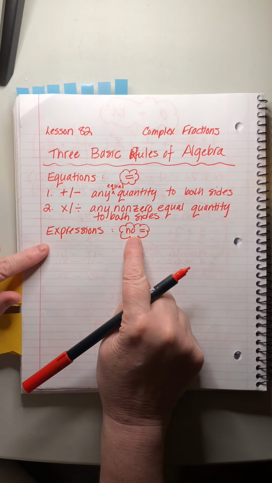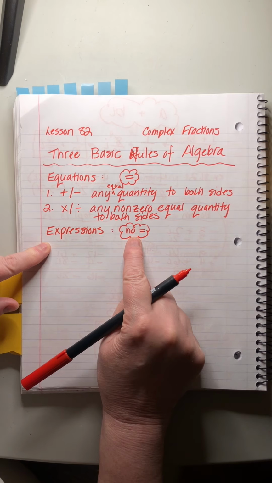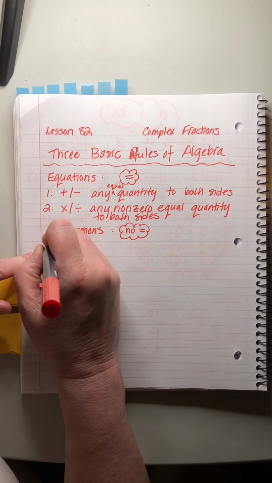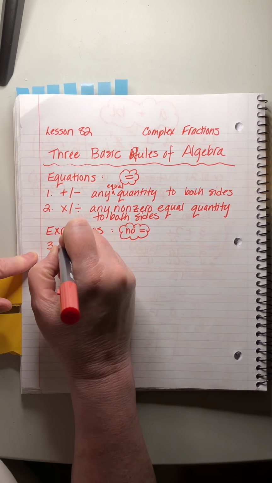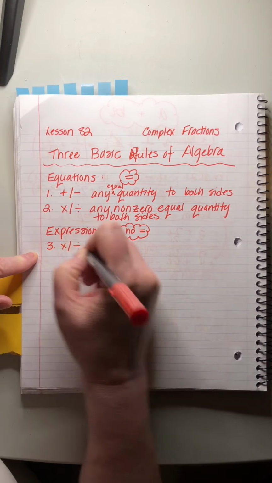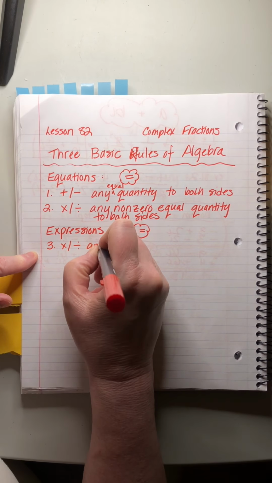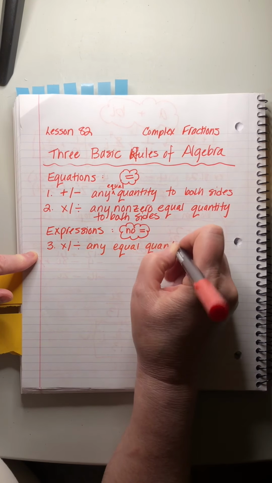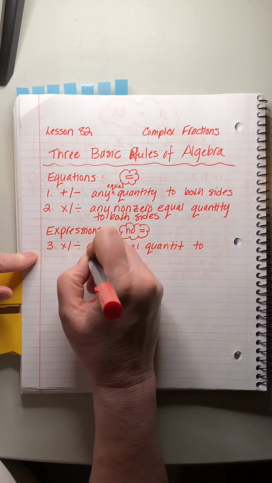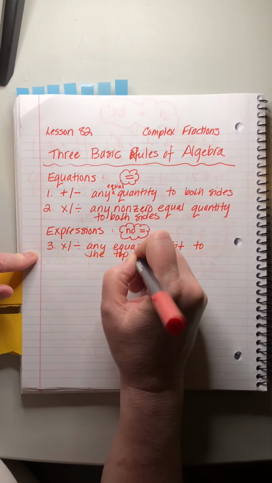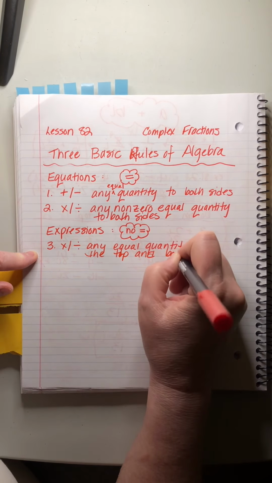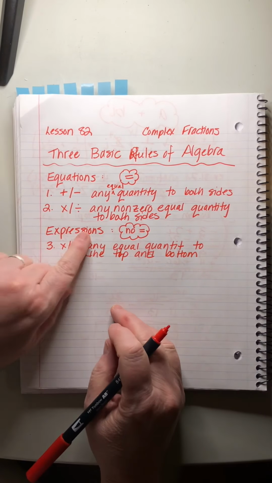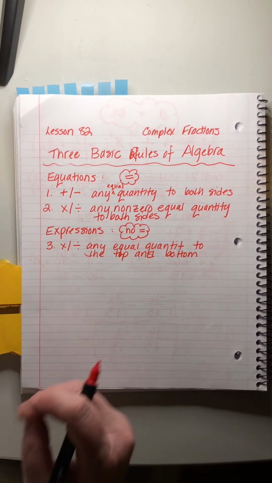Then we can only multiply or divide any equal quantity to the top and bottom, right? So with equations, we can go side to side to keep the balance, but with expressions, we can only go top to bottom to keep the balance.